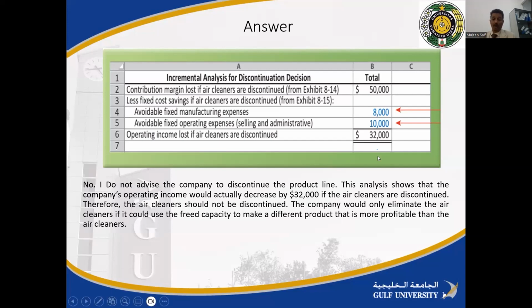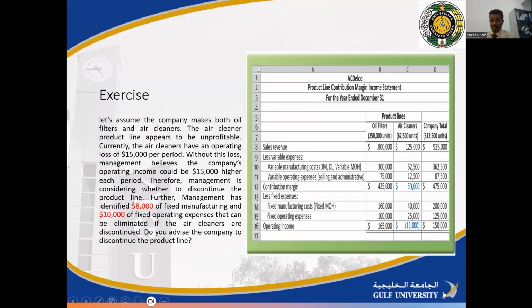See, now, if I close this production line, I will lose this contribution. I will lose this revenue and I will save these costs.